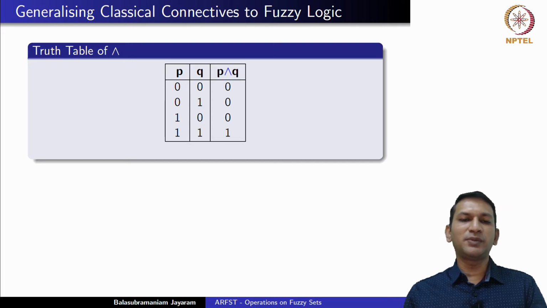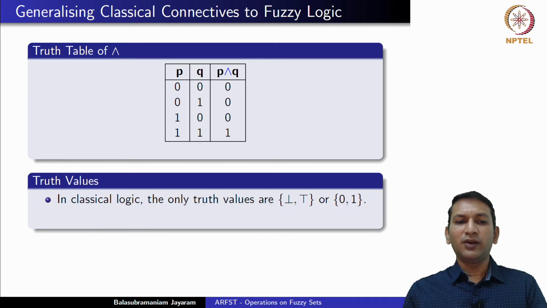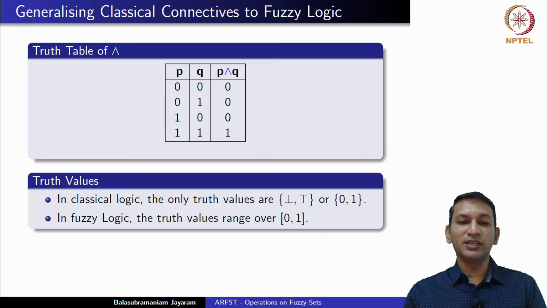So here you can interpret 0 as false and 1 as true. Now, in classical logic, the only truth values are true or false, or 0 or 1, essentially binary truth values. However, in fuzzy logic, the truth values range over the entire interval [0, 1].